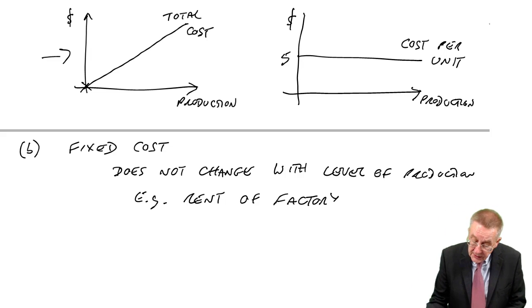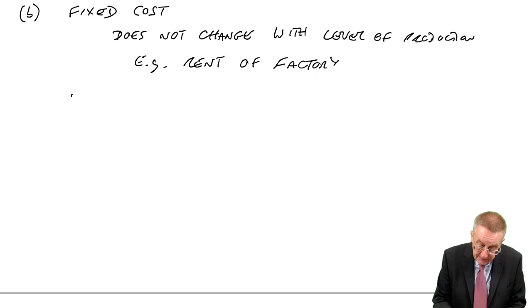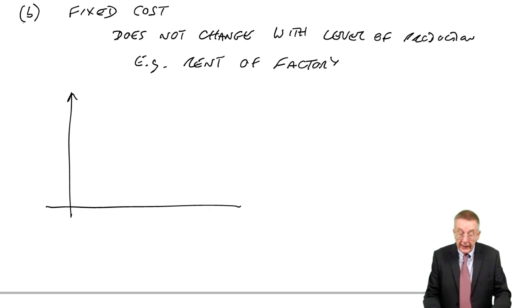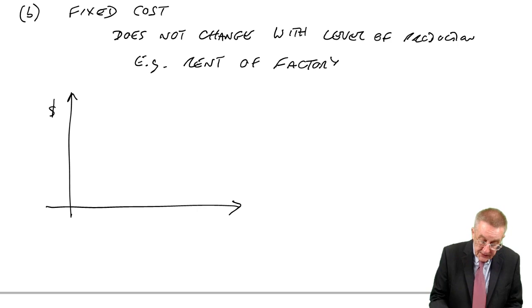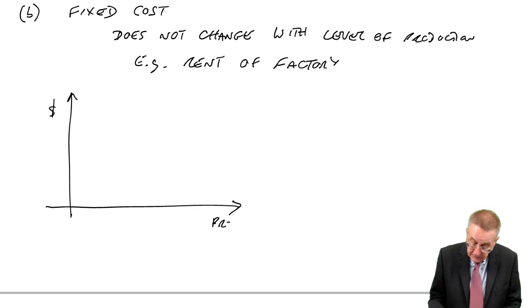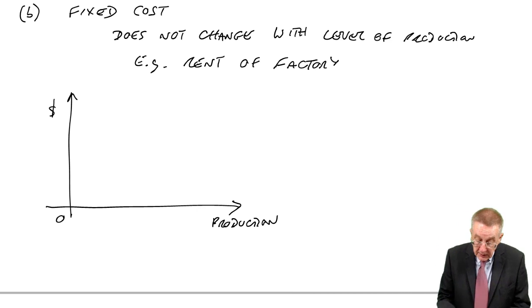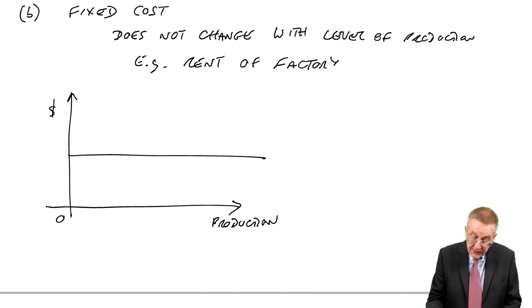And so a fixed cost, again, if you're asked to draw, well, you won't be drawing, but if you're asked to identify a graph of this, well, again, the rent of our factory, however many units I produce, it's fixed at, let's say, 10,000.